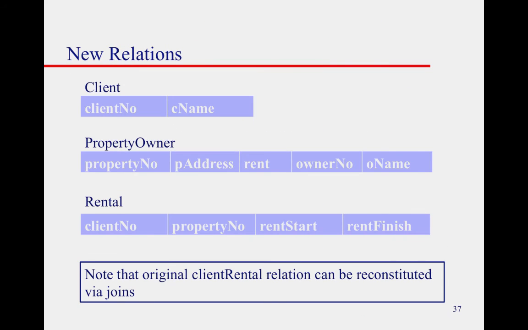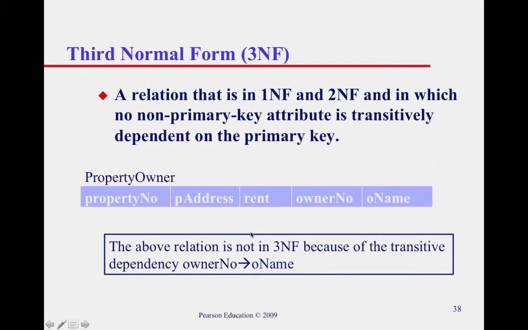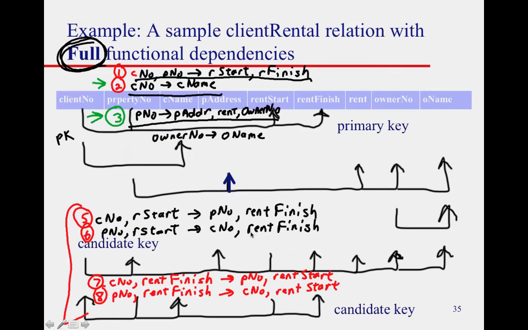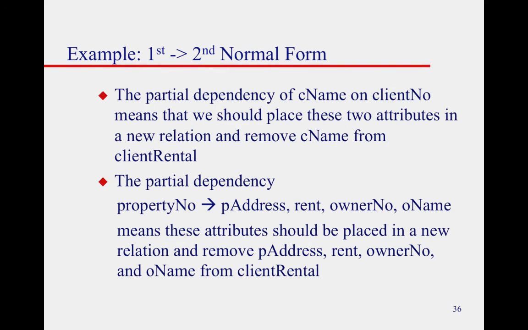This is partial dependency 1, this is the second partial dependency. And when we've removed everything on the right-hand side from the original relation, this is what we're left with.